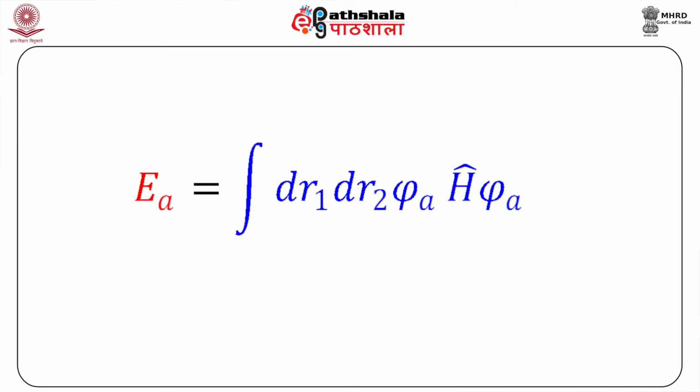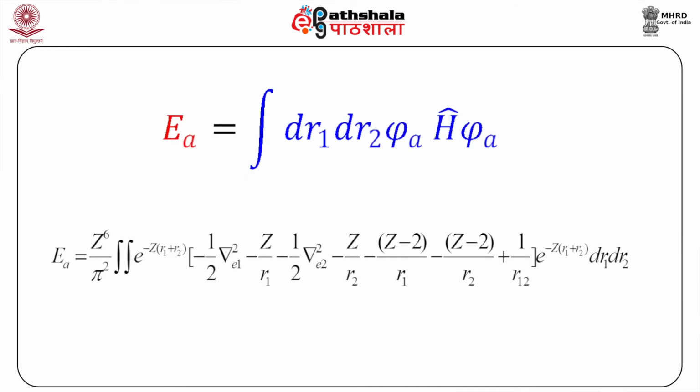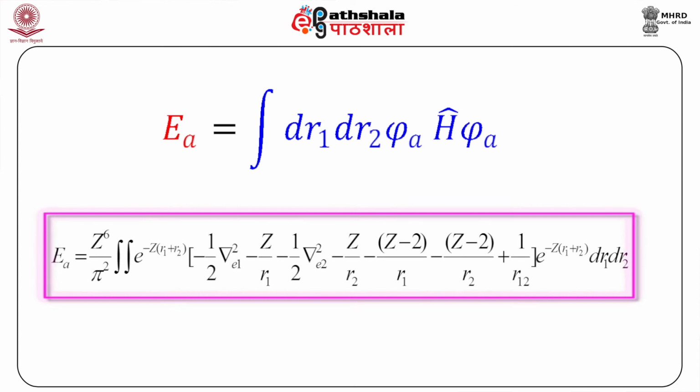Substituting the trial function and Hamiltonian in equation 16 gives us equation 16a for approximate energy, which is EA equals z to the power 6 by pi square into double integral e to the power minus z into r1 plus r2 into minus 1 by 2 delta E1 square minus z by R1 minus 1 by 2 delta E2 square minus z by R2 minus z minus 2 by R1 minus z minus 2 by R2 plus 1 by R12 into e to the power minus z into R1 plus R2 dr1 dr2.